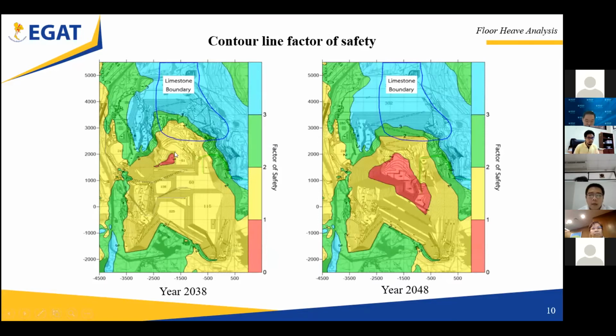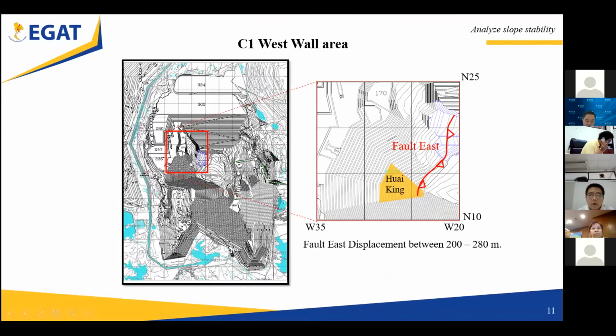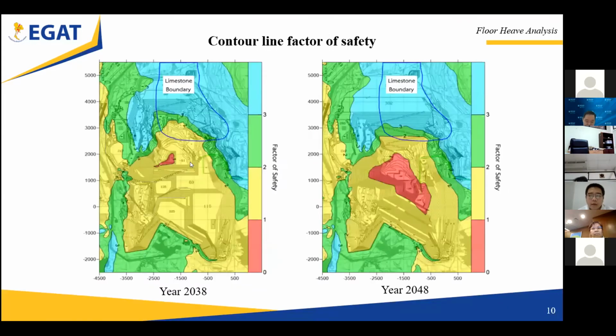Red color means problem area or critical area. From the result in the left picture, the critical area begins in 2038. The problem is also small at the central pit, and then the problem area becomes wider until the end of mining operation in 2048.